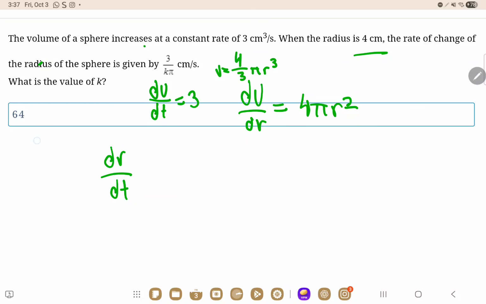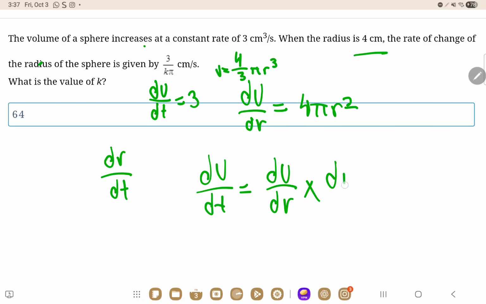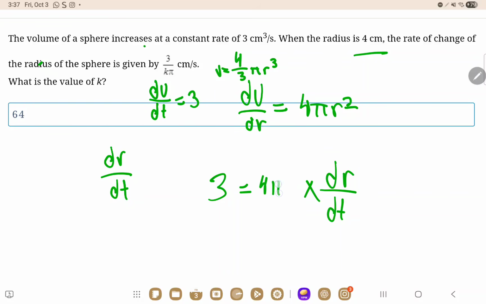So you're always going to start with dv over dt equals dv by dr times dr by dt. So dv by dt we know is 3, and dv by dr we know is 4 pi r squared.